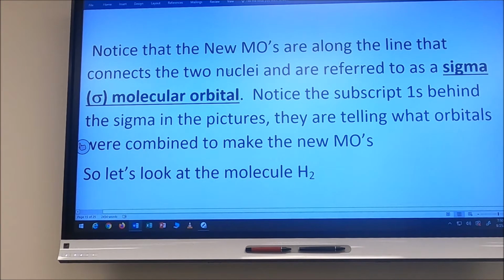Notice that the new molecular orbitals are along the line that connects the two nuclei. These are S blendings, so they're called sigma molecular orbitals, and they get a subscript of 1s, because they were made from blending a 1s orbital from atom 1 and a 1s orbital from atom 2.